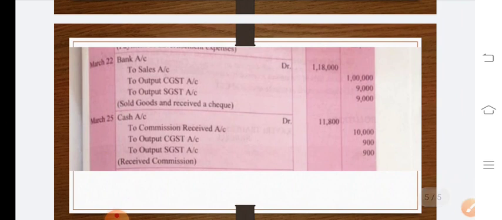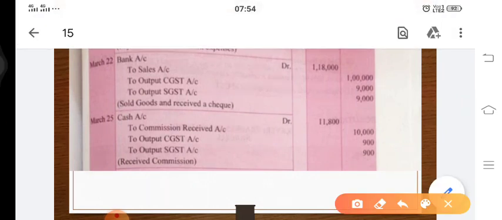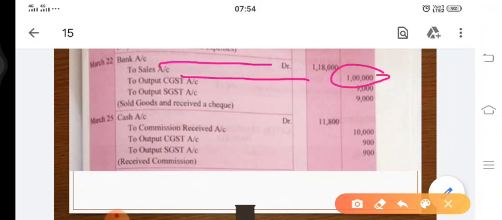Since we have sold goods through check, that means amount is coming into bank. So bank account debit. We have sold goods, that means sales is an income. So sales account needs to be credited with the amount of sales, that is 1 lakh. Now on these sales, we are also collecting CGST and SGST.